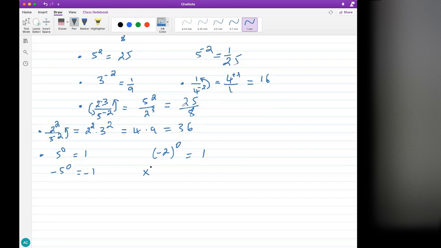What about x? Any real number x to the power 0 will be 1. The number could be negative, positive, a decimal, a fraction. Anything to the power 0 is 1. What if we had negative x to the power 0?